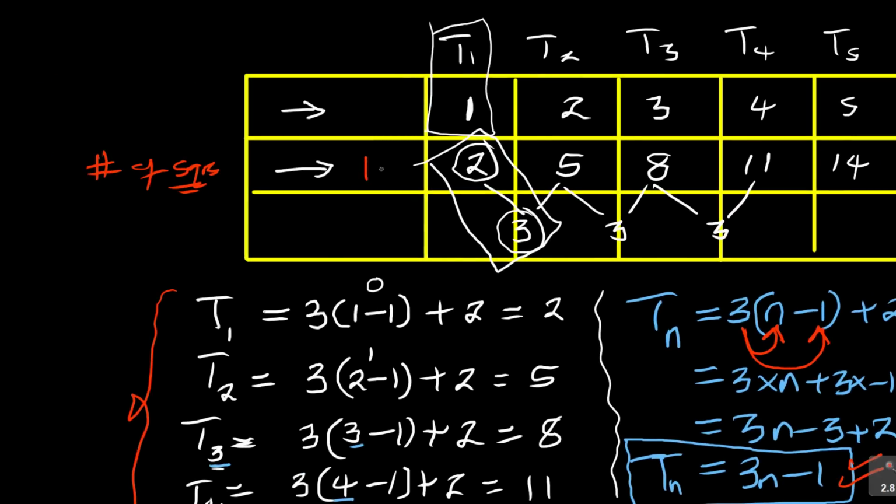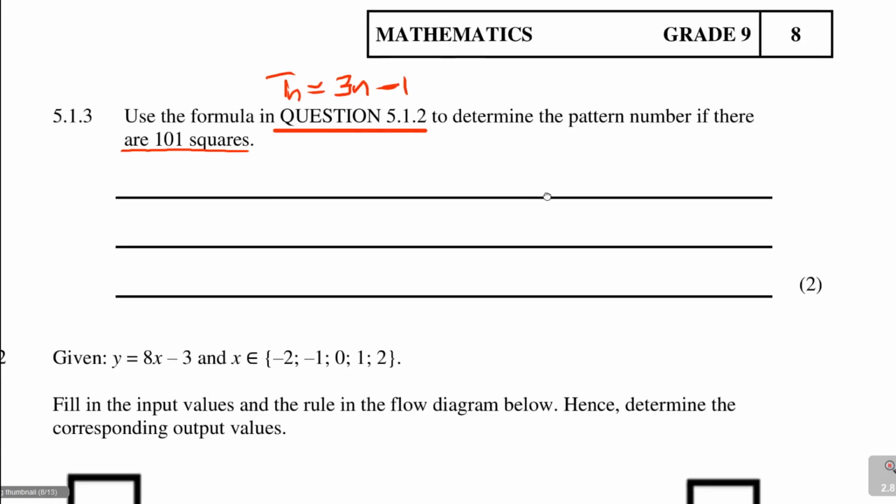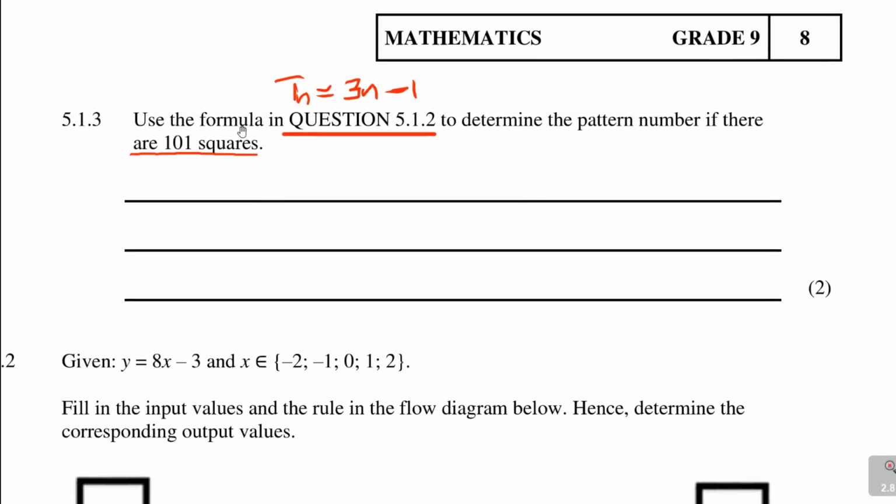The number of squares was our Tn. Are you seeing that? It was our Tn. And then they're saying use that formula to determine the pattern number if there are 101 squares. So here your Tn is equal to 101. Are you seeing that?